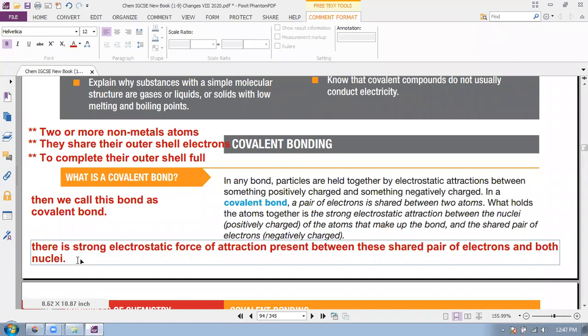Remember that when it is the nucleus of one atom, it is nucleus, singular form, and the plural form is nuclei. Nuclei means more than one nucleus.